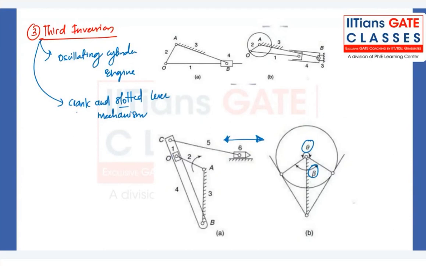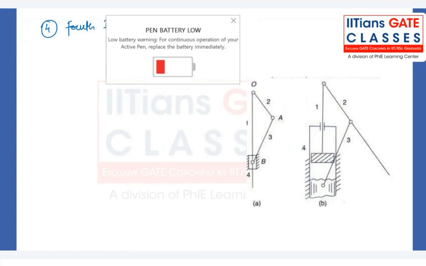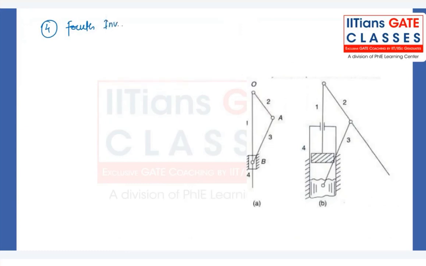So this is the third inversion, and the last one is the fourth inversion. The application of the fourth inversion is the hand pump. In the fourth inversion, the fourth link is fixed. So we are fixing the piston.